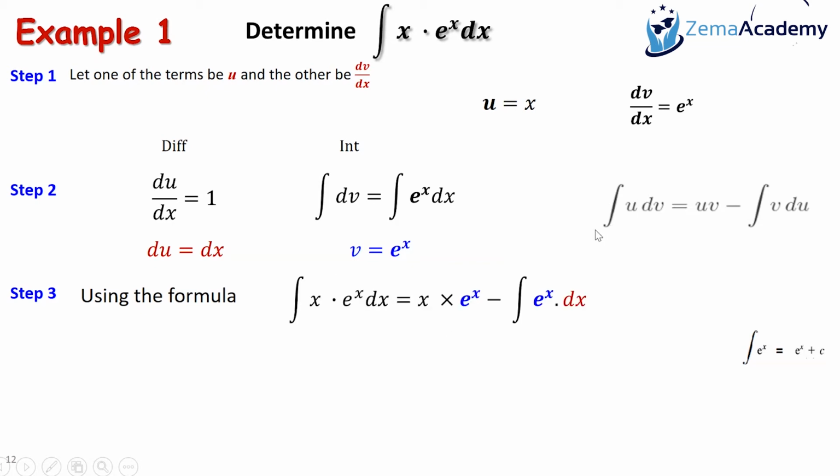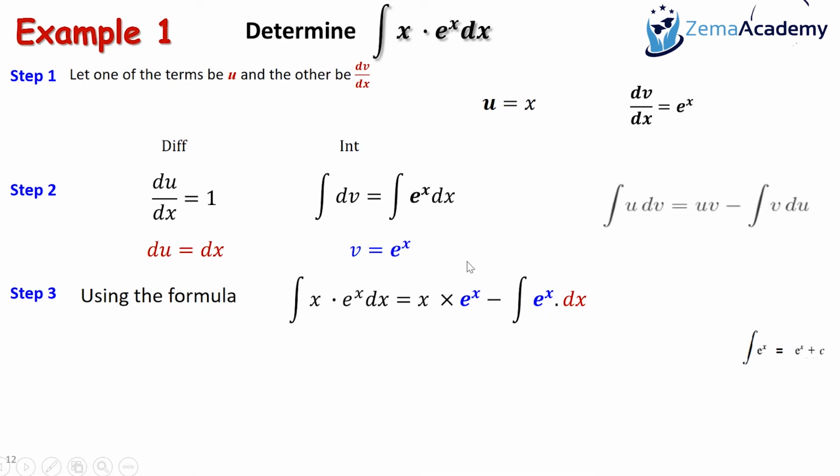So the first part, integral u dv, where u is x, dv is e to the power x dx. This is what you assigned initially when you looked at it. This is equal to, formula says u, so u is x, and what is v? V is this value. I have color coded it so that you can match where that value is coming from. So this is u, this is v, minus, according to the formula, minus integral.